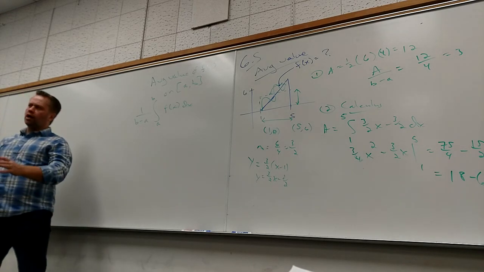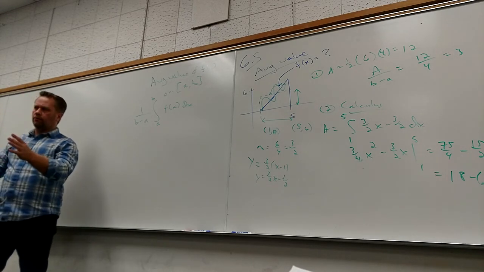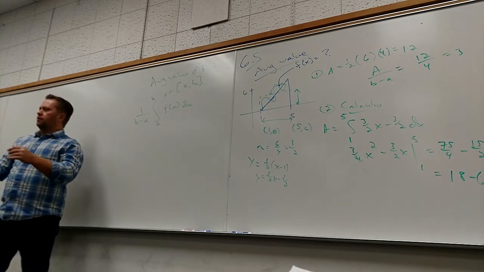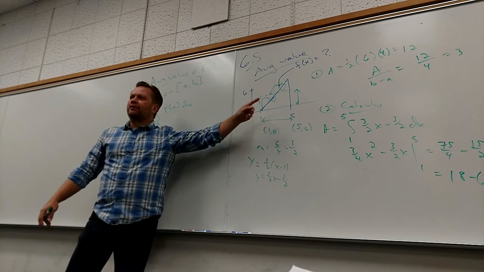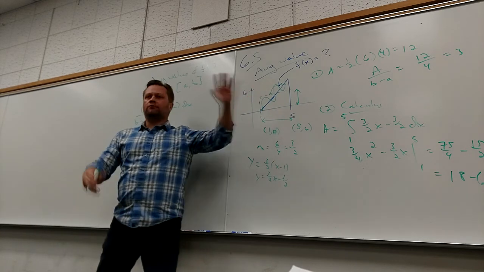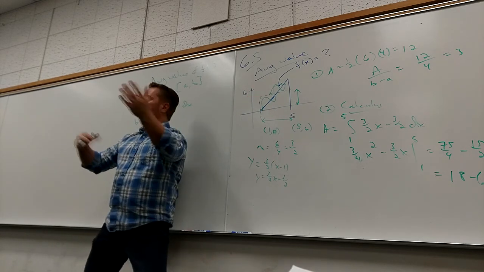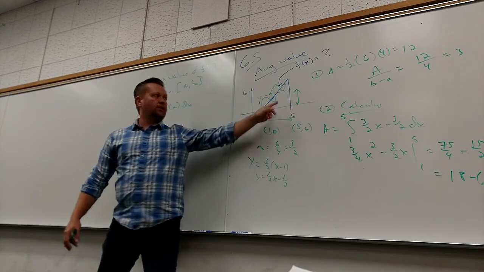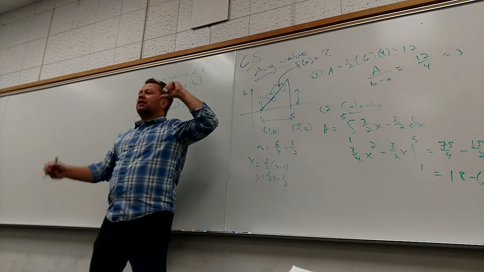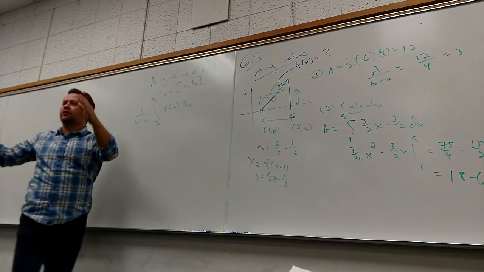Now, why does this jibe with our regular idea of average? Well, if I have a function from 1 to 5, how many values do I have to add up? Remember, how do you find the average? You add them all up, and you divide by how many there are. Well, how many values do I have between 1 and 5? How many outputs are there? An infinite number. So what's going to handle an infinite sum?